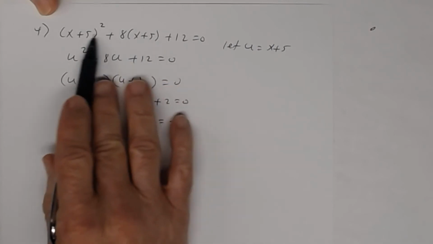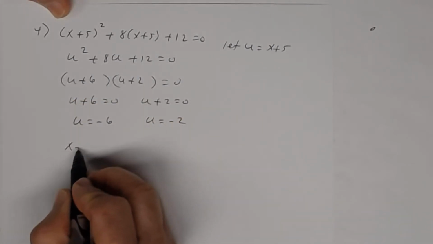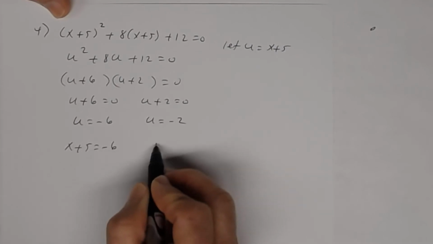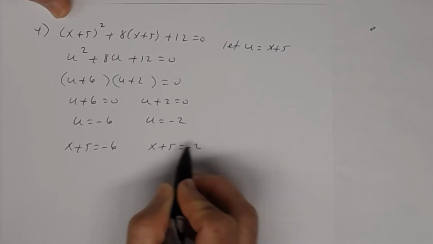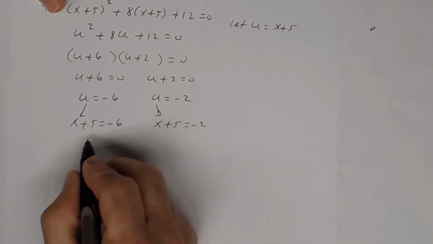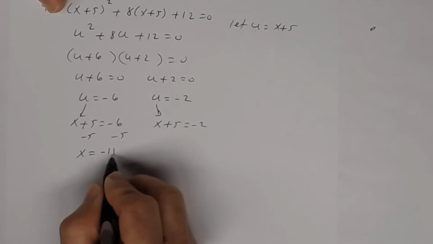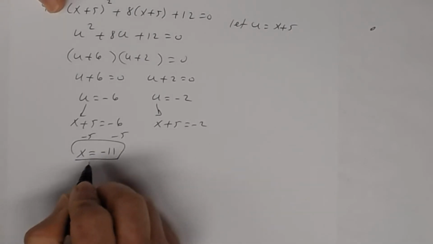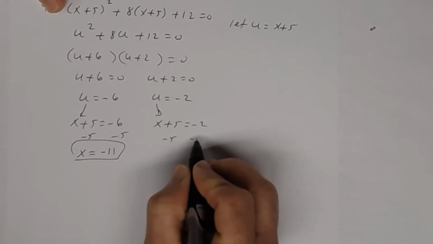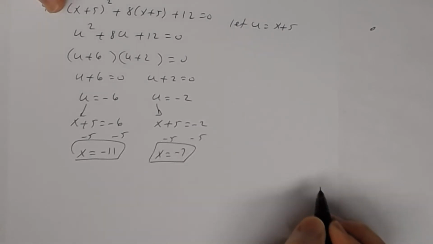I need to solve the one with a variable x. So you got to resubstitute now. So x plus 5 equal negative 6. X plus 5 equal negative 2. So the variable u, we're going to resubstitute. And now subtracting 5 from both sides, one of my solutions is negative 11. Negative 6 and negative 5 is negative 11. Over here, subtracting 5 from both sides, I get the other solution to be negative 7.